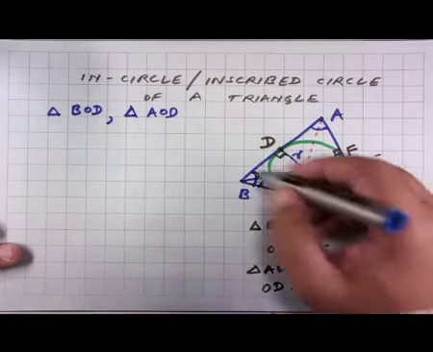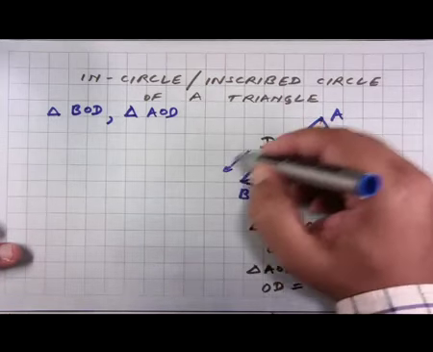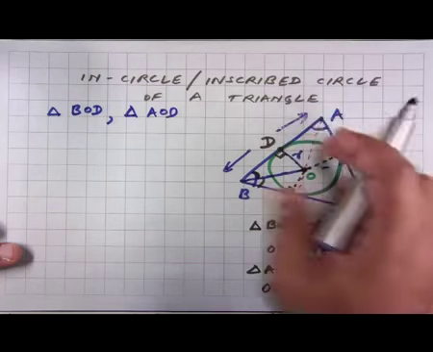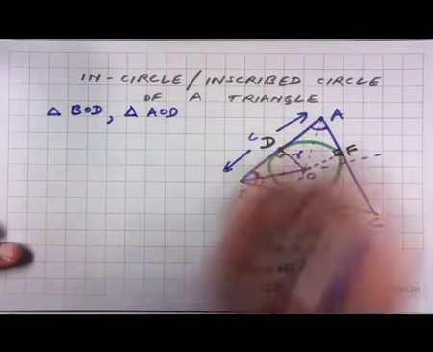Now, we know that this entire length, this AB is equal to lowercase c.